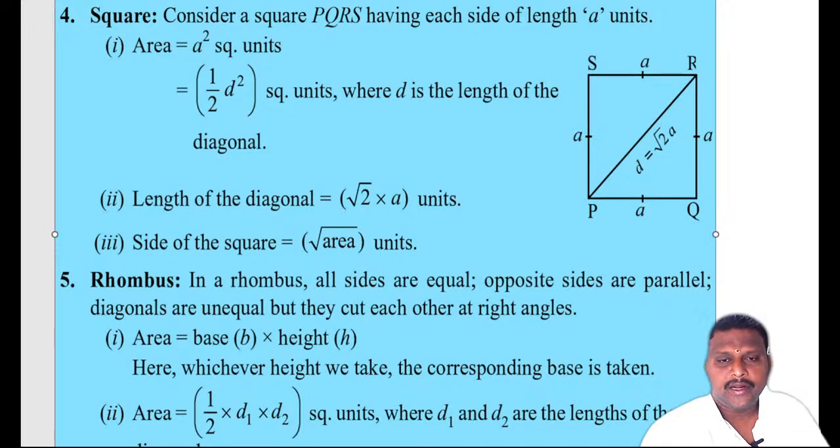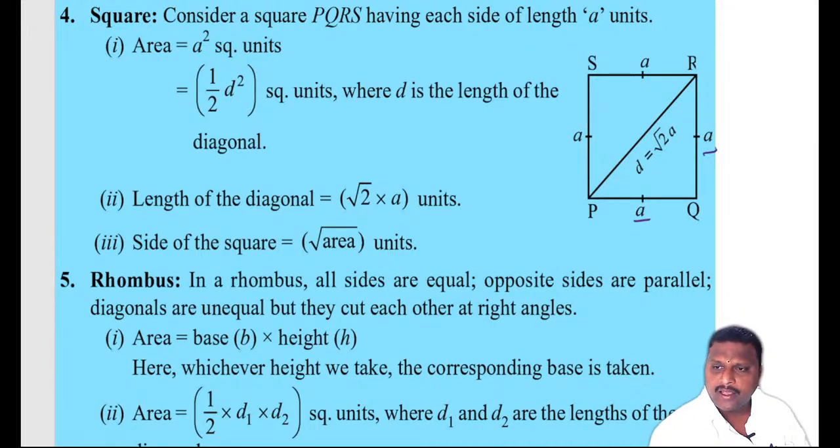Here, what it is, square. Square means all the sides are equal. So the length of the side is A. Then the perimeter of the square is equal to the sum of all sides, as I said.